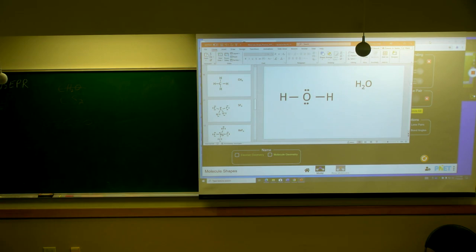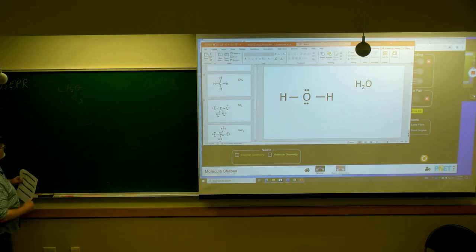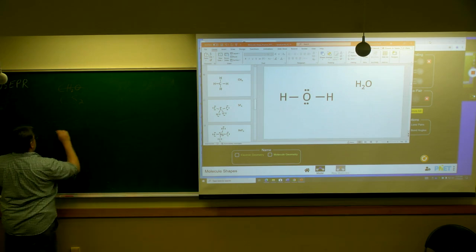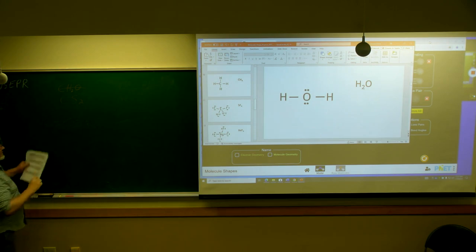Yep. Which makes it linear, 180 degrees. We're just considering sulfur the same as oxygen. Yeah, they are the same. They're in the same column. CO2 would be exactly what we're going to get.